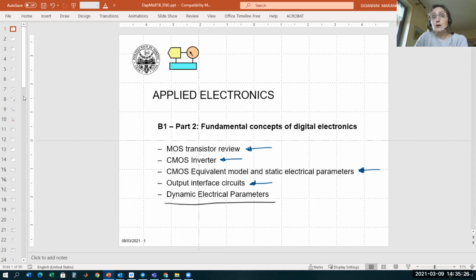I have also uploaded yesterday a list of chapters of the book Electronic Systems by Neil Storey, where in those chapters you can read the concepts that you should have in your background from electronic system technologies and measurements.